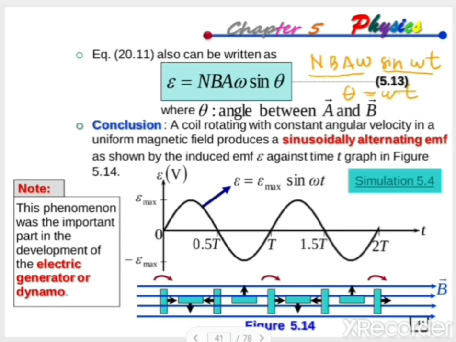So the equation can also be written as induced EMF equal to NBA omega sine theta, where theta is the angle between vector A and vector B. In conclusion, when a coil rotates with constant angular velocity in a uniform magnetic field, the coil produces a sinusoidally alternating EMF because the orientation of the coil changes with time. This phenomenon was an important part in the development of the electric generator or dynamo.